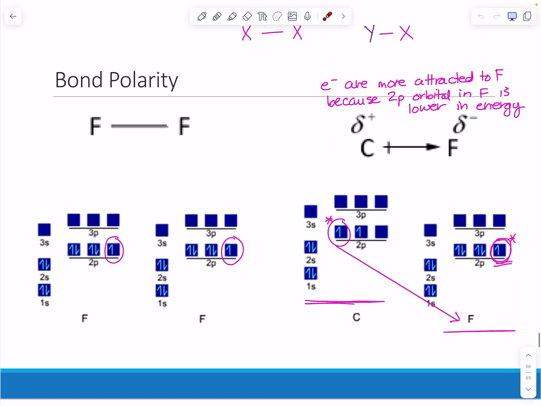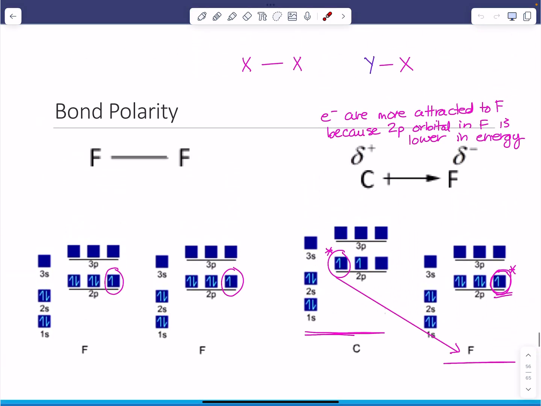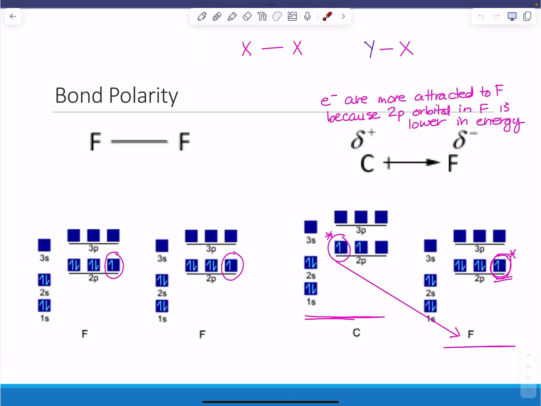All right, so we're talking about bond polarity, and what might make an electron spend more time around one atom than another. We ended last class by making the point that it's all going to come down to the orbital energies and the electron affinity of the atoms involved in the bond.